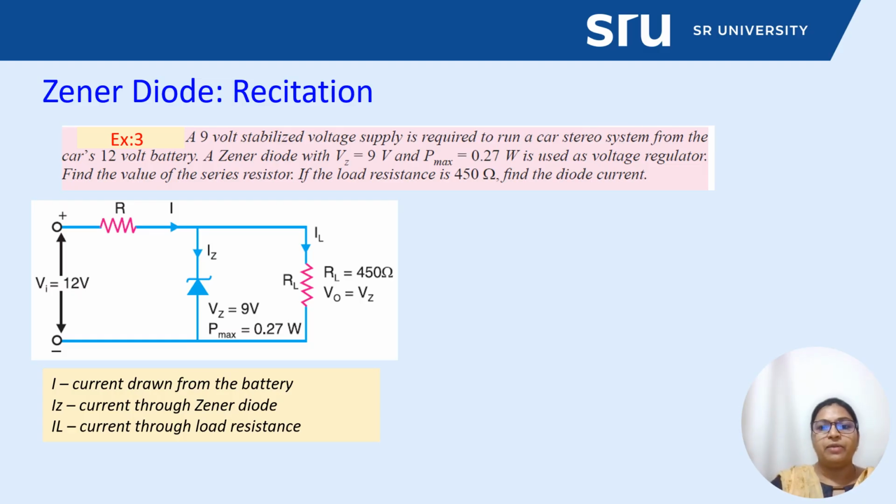So how will we find the current? The voltage drop across the resistance R is equal to Vi minus Vz.